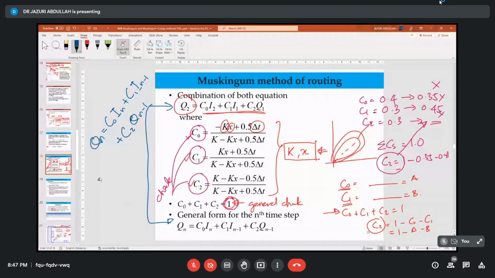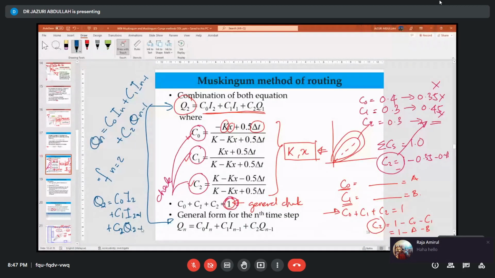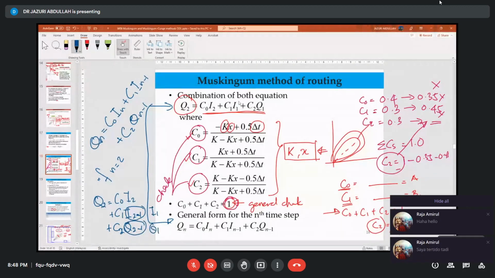So if n equal to 2, you get Q2 equal to C0 I2 plus C1 I2 minus 1, and then plus C2 Q2 minus 1. On this part you get I1, and on this part you get Q1. That is what is in this equation.